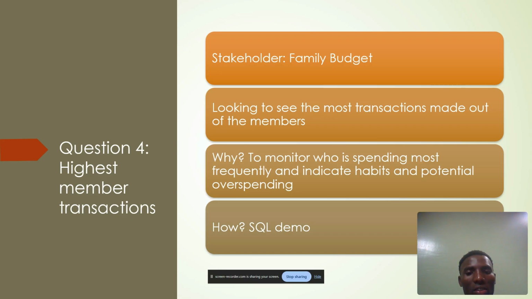Looking at the transactions can help you know the habits and potential overspending of a given member depending on how much they spend compared to the others. And on the other side, you will know the lowest member transactions, which helps you monitor who is spending less frequently and indicates no habits or potential overspending.